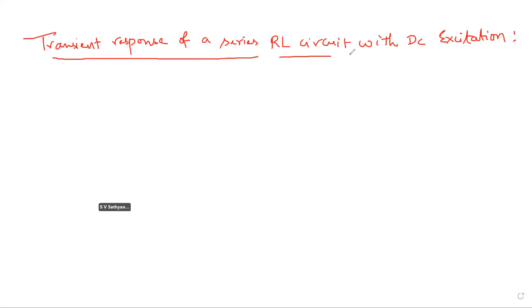Very important. We have two derivations for series RL and for series RC. Series RL one derivation, series RC one derivation. That's it. Only two derivations.